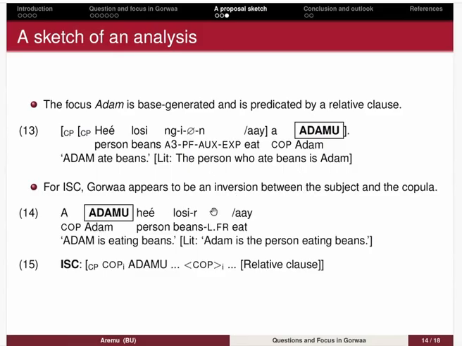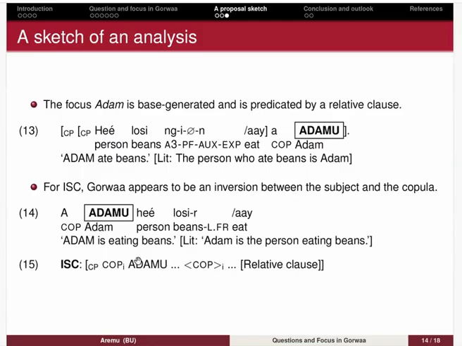And for the inverse specificational copula, Gorwaa appears to have an inversion. Okay, there's a typo here, but it appears to have an inversion between the subject and the copula, right? So unlike what we saw in English, 14 now is the specificational copula construction. So Adam is the person eating beans, right? And the structure will look like this in 15.